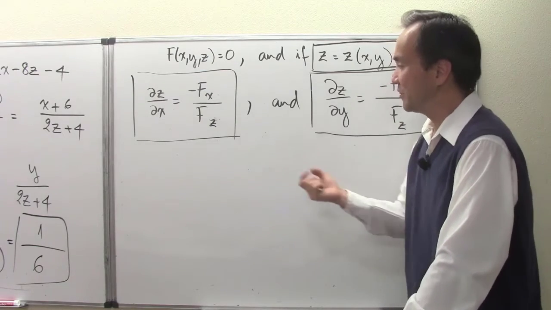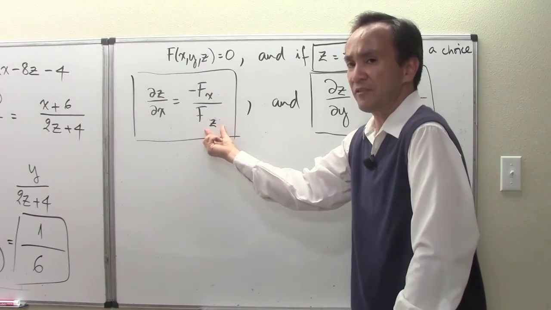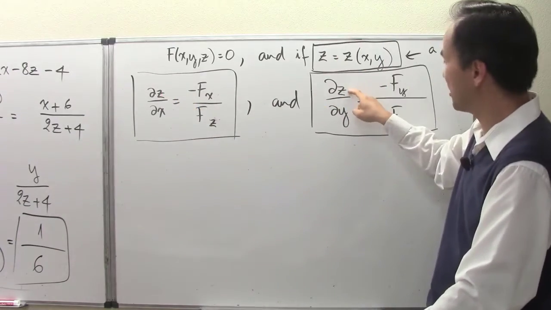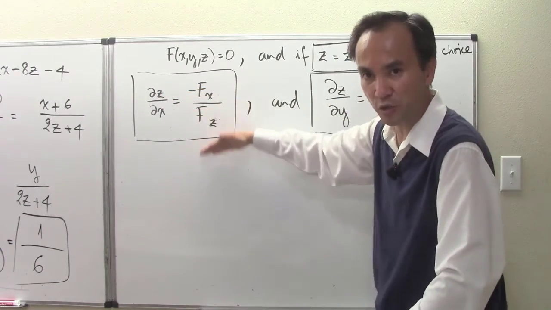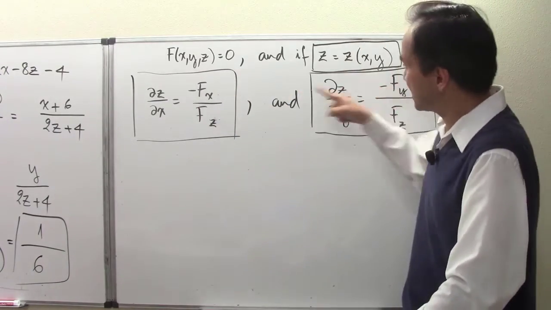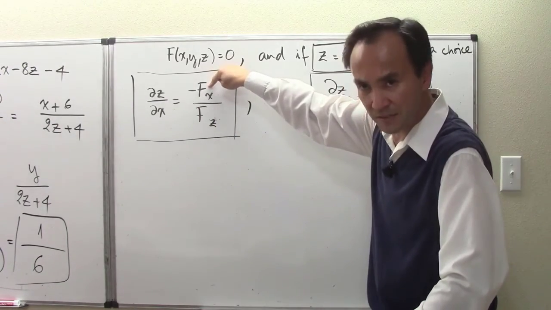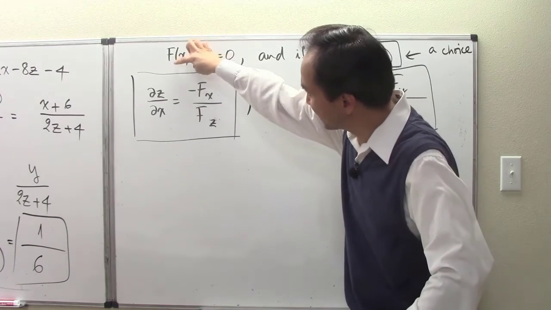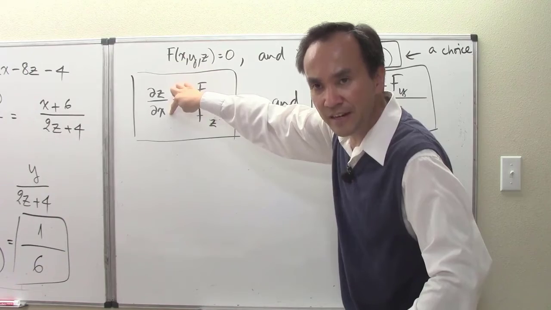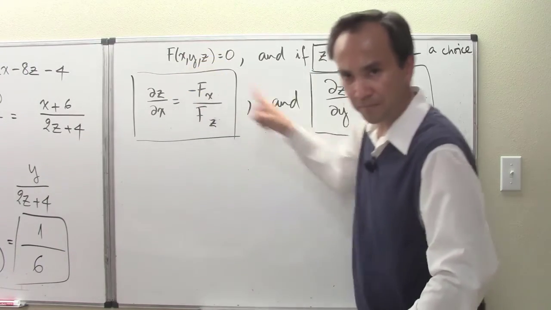The implicit function here is z, so we put that partial derivative in the denominator. And then this is Fx, the partial derivative of F with respect to the other variable, and we put that on top with a minus sign, just like that.